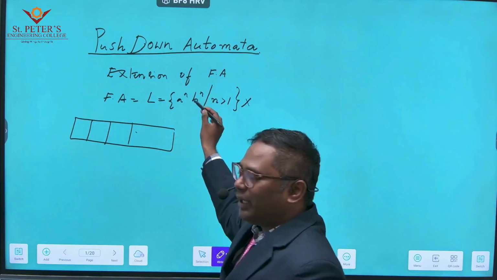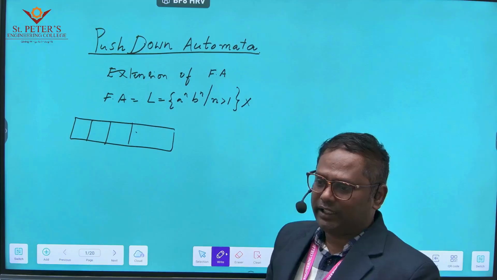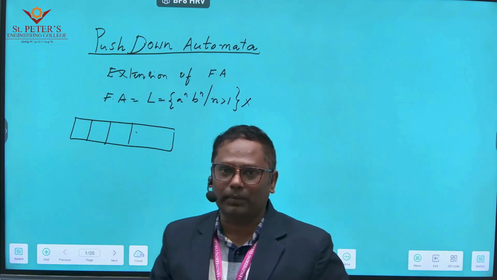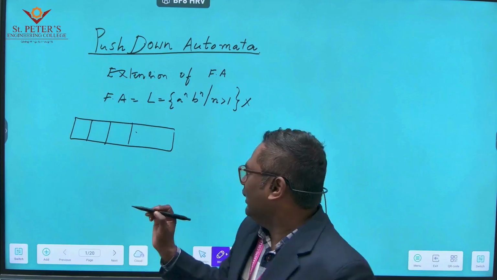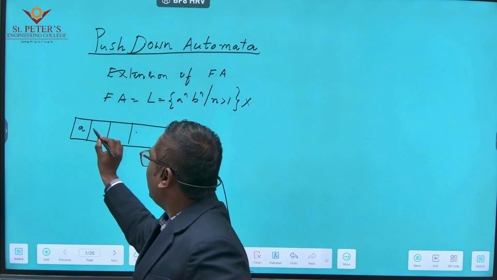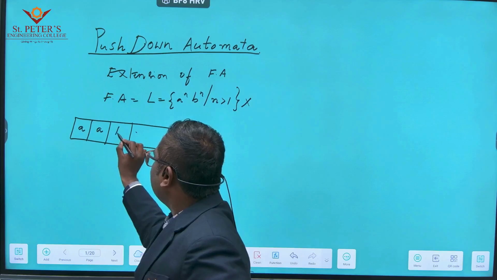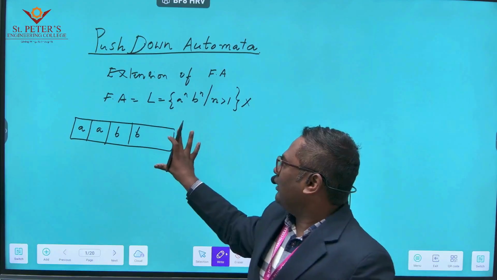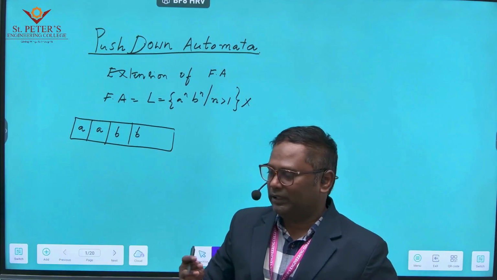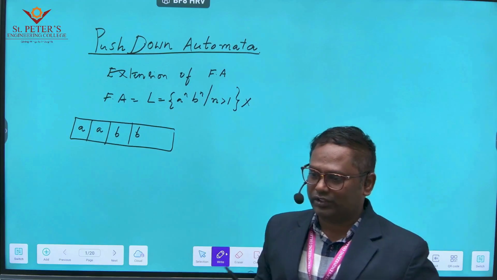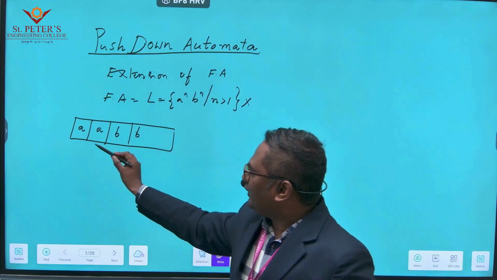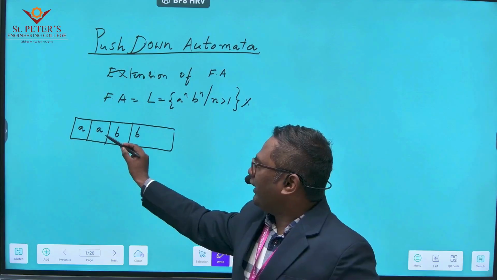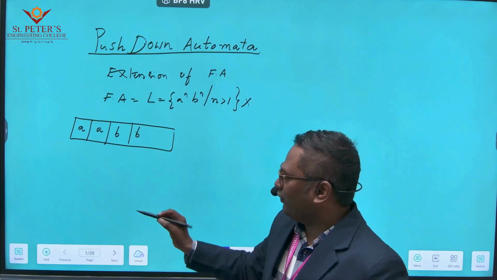L equals a power n b power n indicates that an equal number of a's is followed by an equal number of b's. For example, if I want to store 2 a's and 2 b's, the memory is finite here. Finite is countable, so I have taken a very short string.